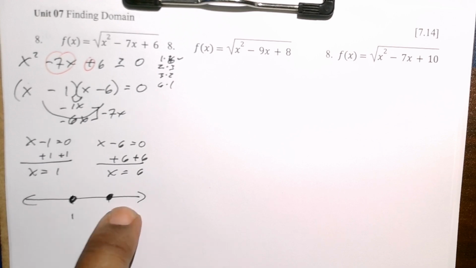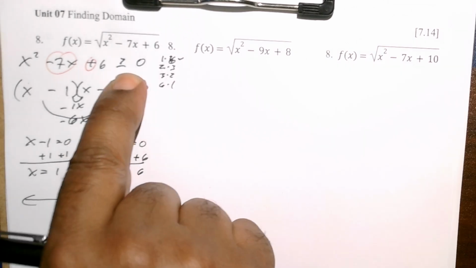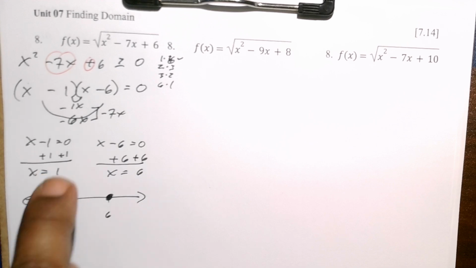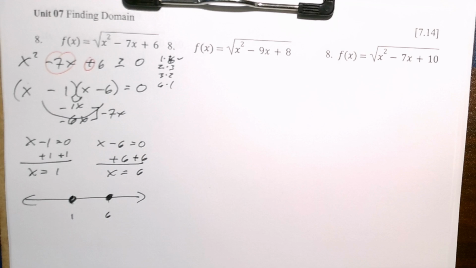The thing is, I need to know about these three areas. Are any of those positive? So what I want to do is graph this equation and see which parts of it will be positive or negative. Because if there's a part of it that will be positive, I know that's the greater than 0 that I need. So we're going to use Desmos again.